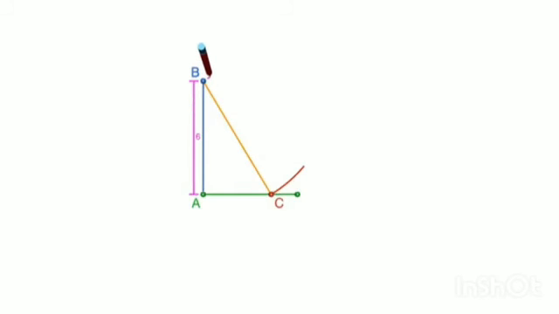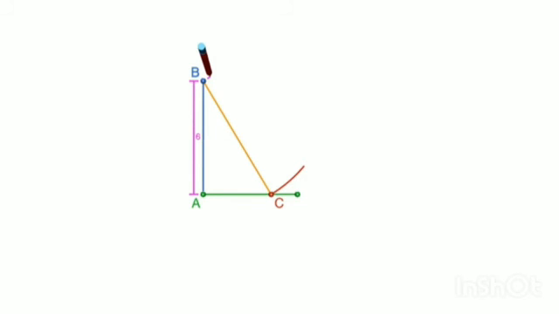Now since AB is 6 centimeters and BC is 7 centimeters, AC equal to root of BC square minus AB square, or root of 7 square minus 6 square, or root of 49 minus 36, or root of 13. That means the length of AC is root of 13 centimeters.